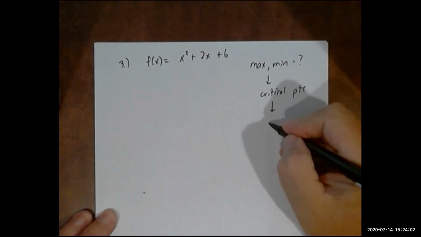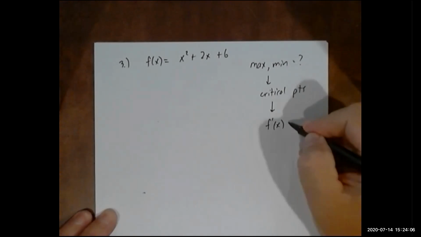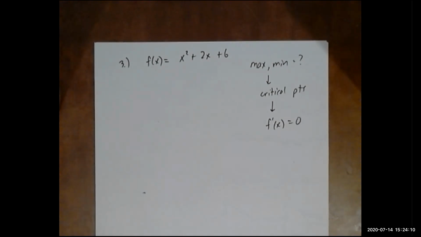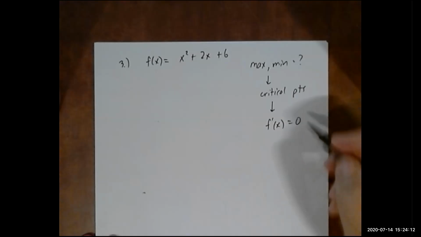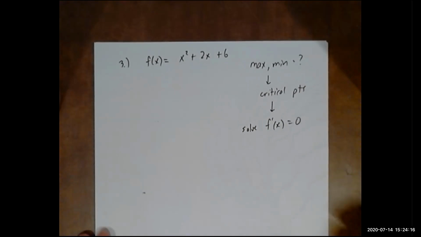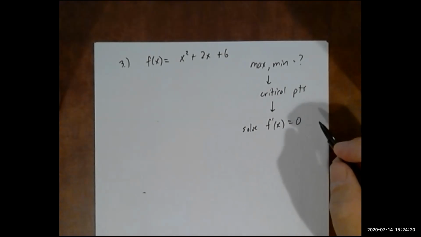The whole key is you take the first derivative of your function and you set it equal to 0 and you solve this. And the solution to this equation will be your critical points.